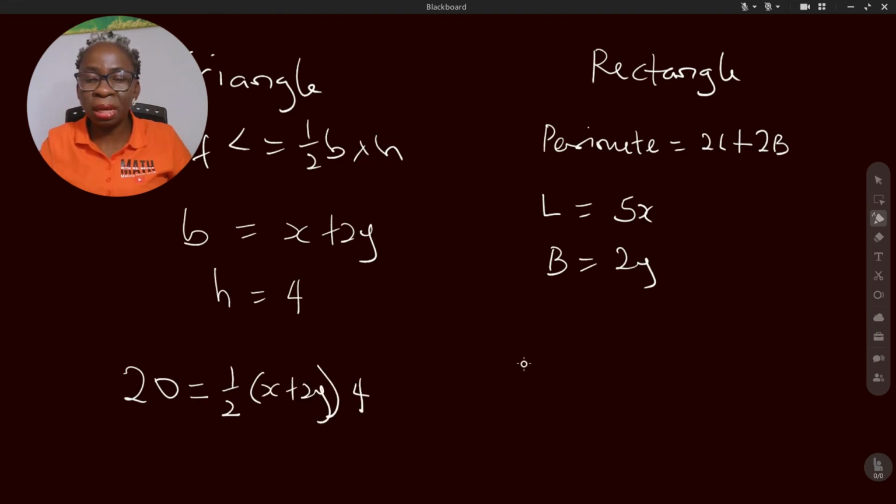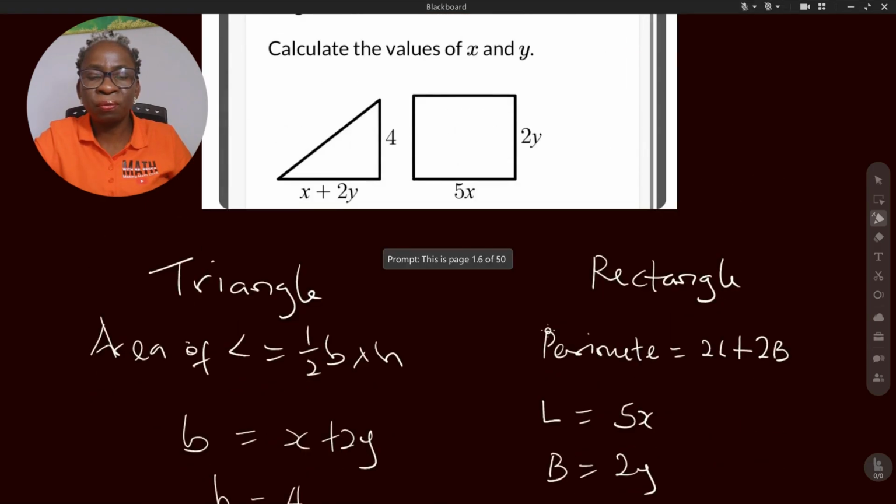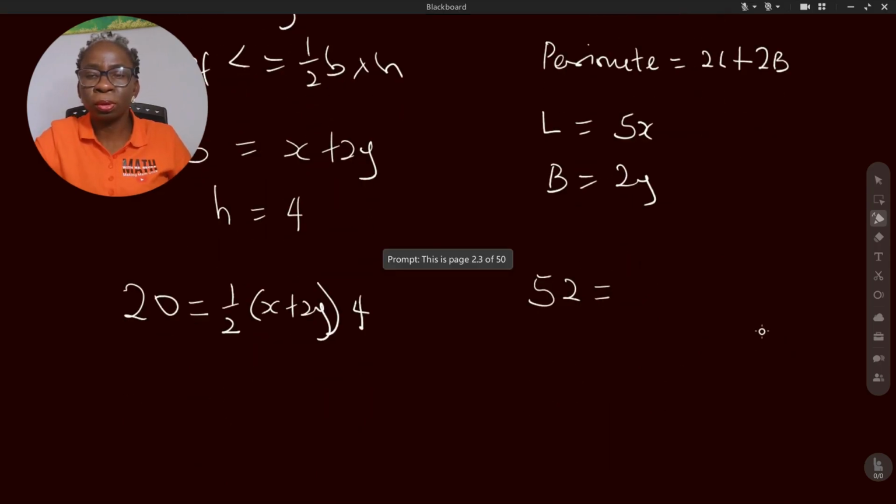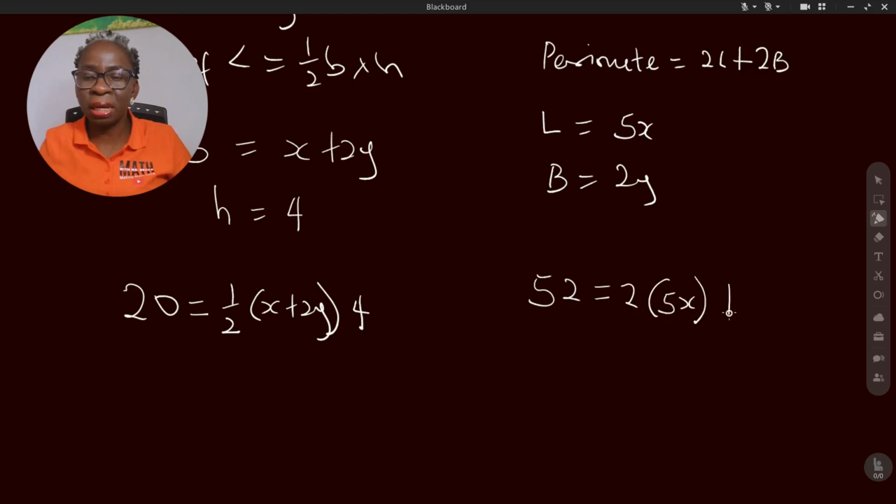And for the perimeter, we were given the perimeter to be 52 centimeters. So this will give 52 to be equal to 2L, that's 2 times 5x, then plus 2b, that's 2 times 2y.